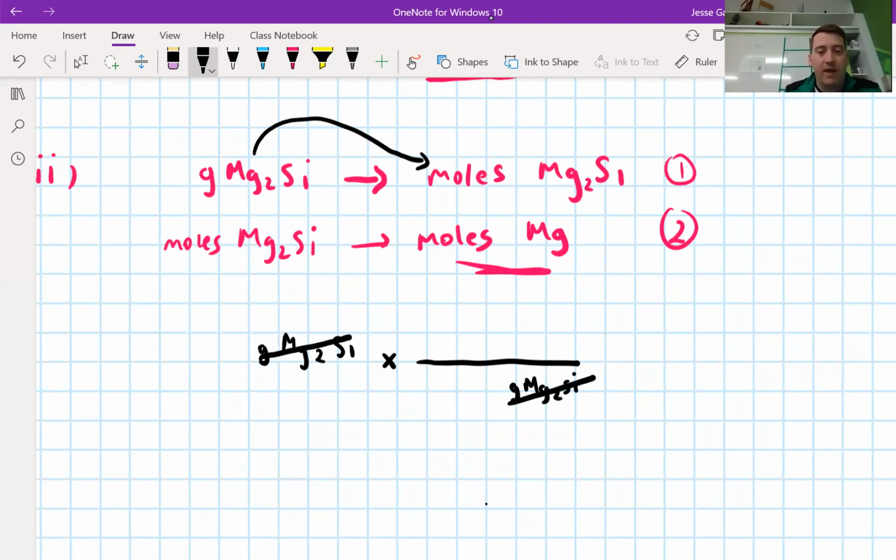If you don't believe me, this is how it works. We've got two numerators and one denominator, so now we've got Mg2Si on the top and Mg2Si on the bottom, and those cancel. That leaves us on the top with the other unit that we want to relate it to, moles of Mg2Si. This is what we're left with, and that's what we needed in our answer.